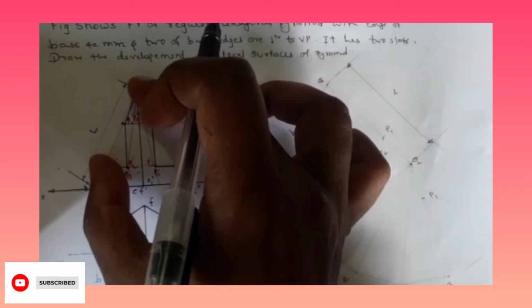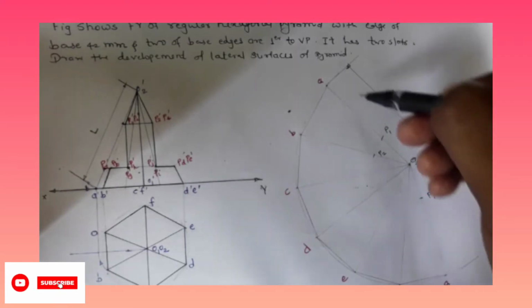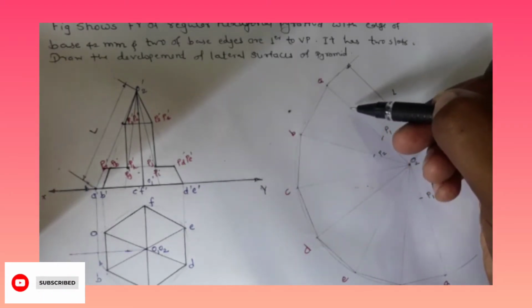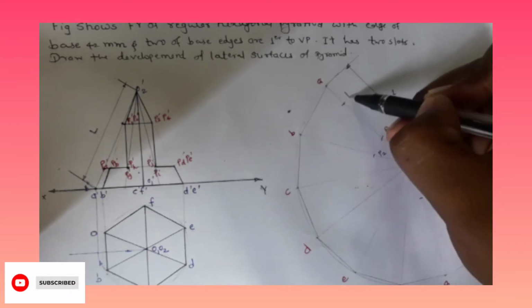Now let us project P and PP. Already we have projected here, so we have to take the distance of this O2 PA from this lateral edge, that gives the true length. This distance you have to take and mark it on O2 A, this lateral edge. You will get it somewhere here, so this will be PA.